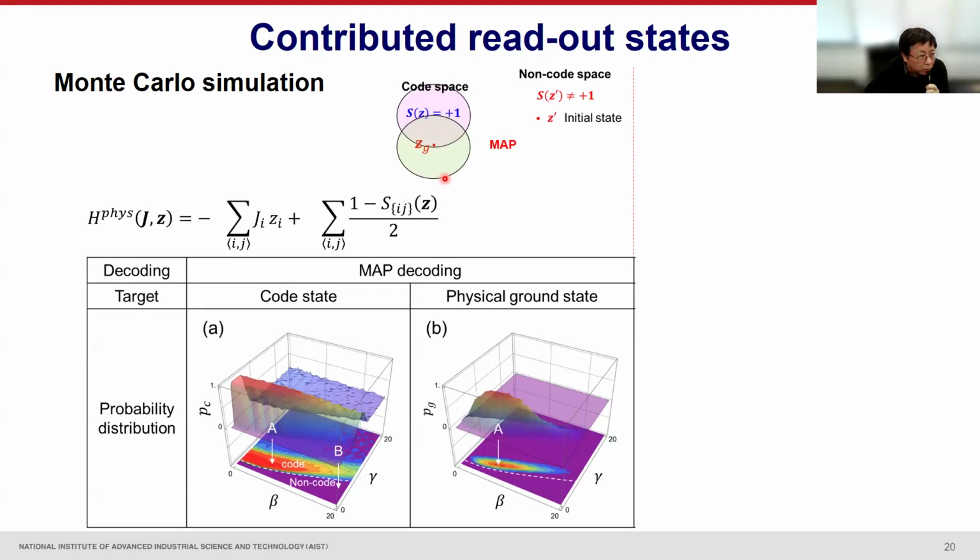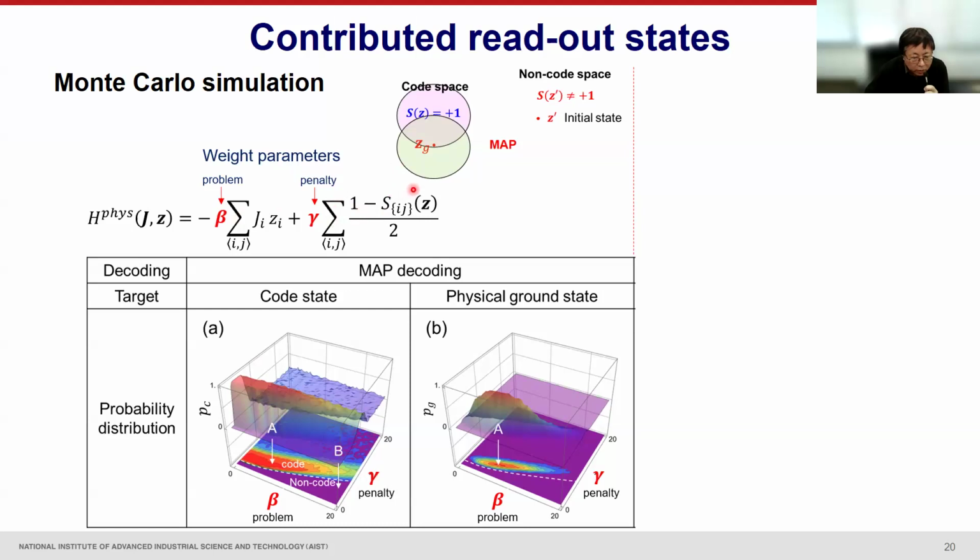As a function of two weight parameters, beta and gamma, which are the weights of the problem and penalty Hamiltonians.